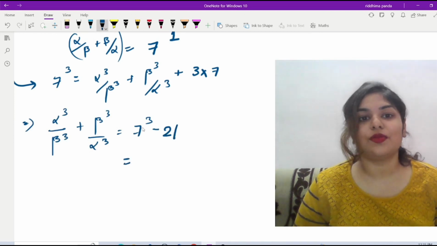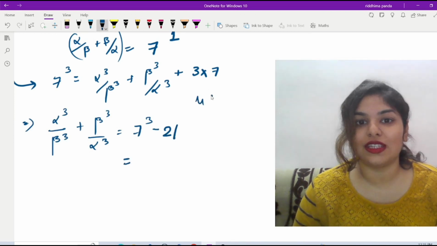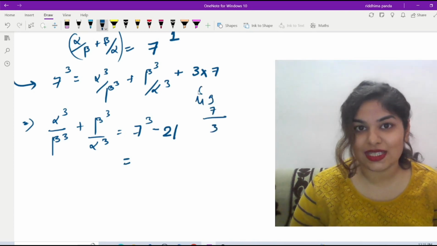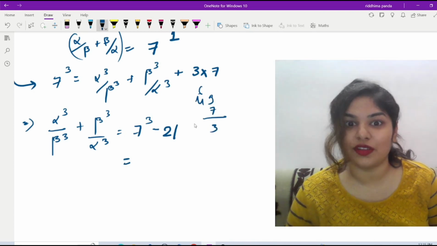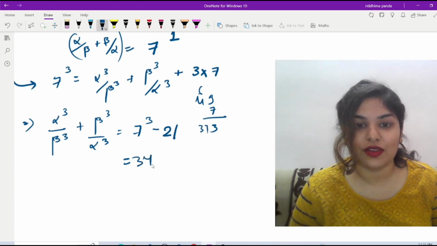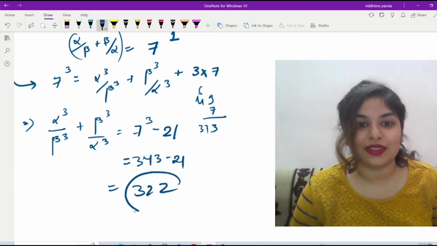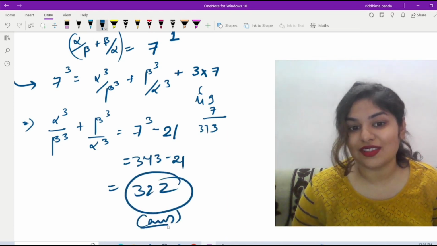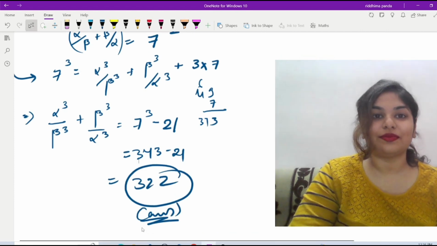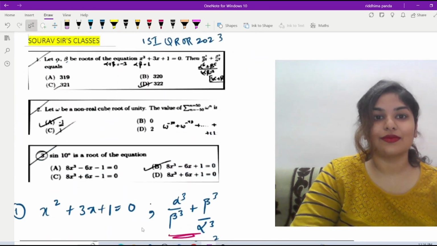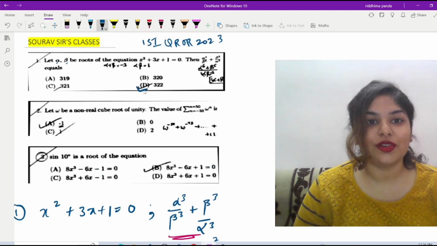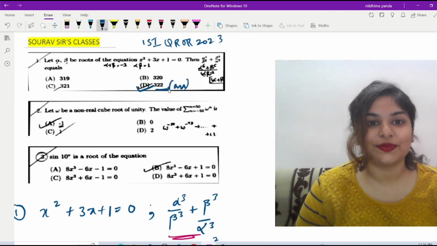How much is 7 cubed? 7 sevens are 49, 49 into 7 is 343. So that is 343 minus 21, which is equal to 322. Now that is our answer. So let us check the options. 322 is the correct answer.